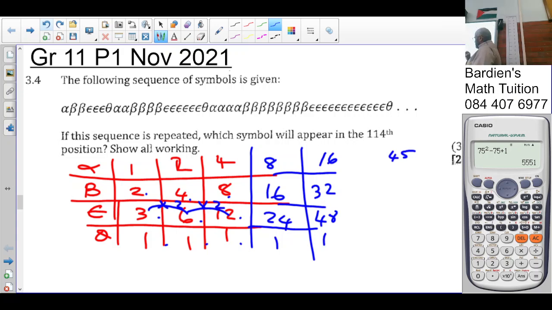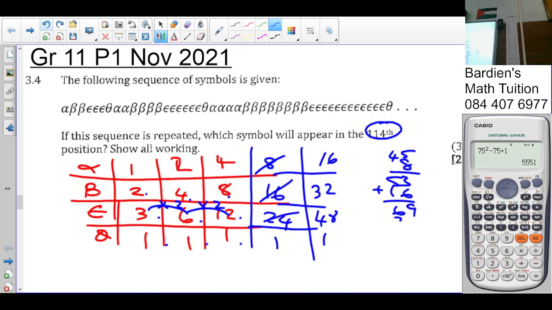So now let's put it together. We're looking at 114. So if I add 8 to this, I'm going to get 53, plus 16 is going to give you 69. Then 24 gives you 93, plus 1 is 94. Okay, you all okay with that?